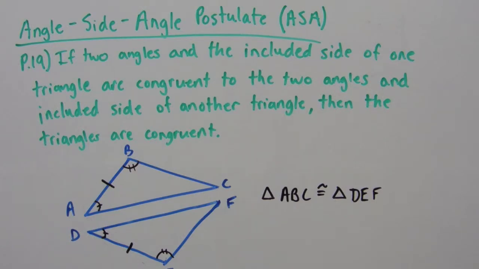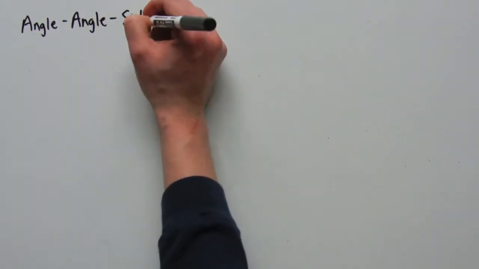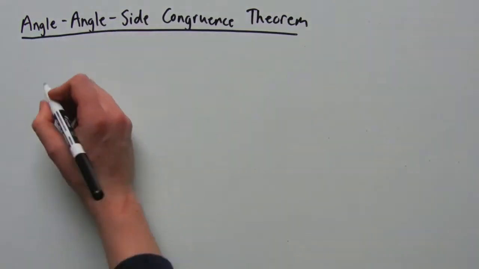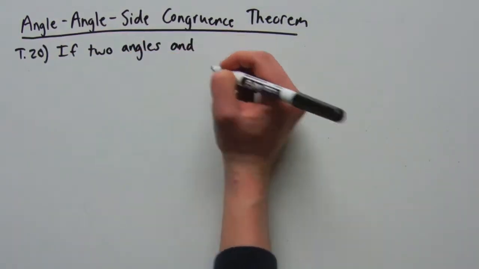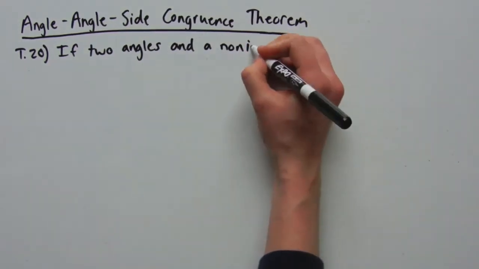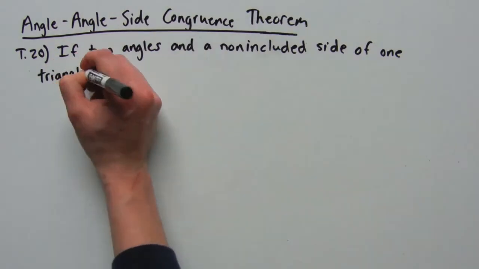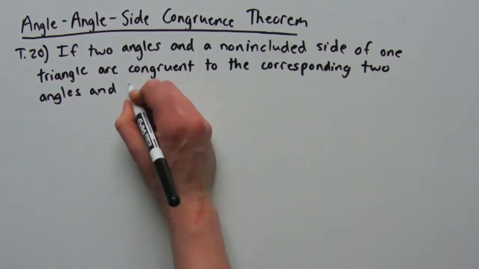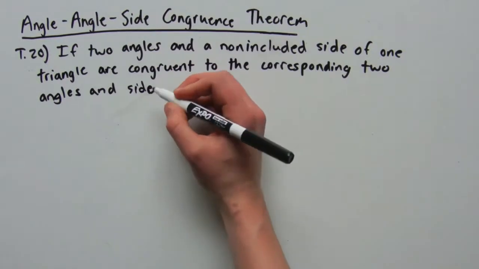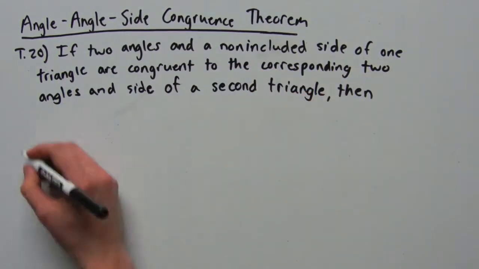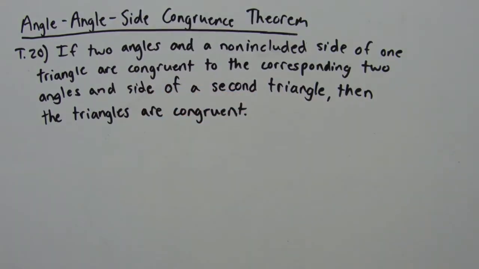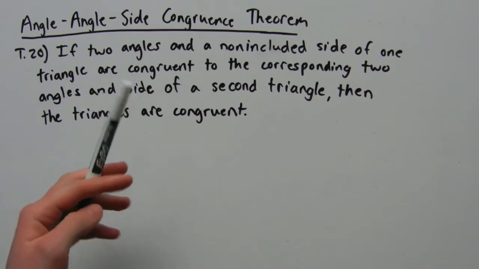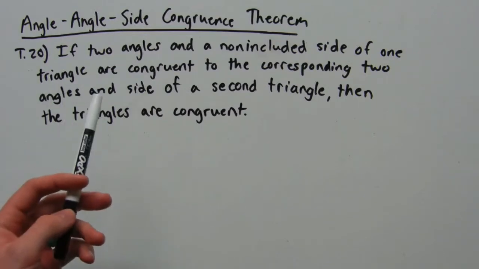Now let's go over the angle-angle-side congruence theorem. The angle-angle-side congruence theorem is a little bit different than the postulates we've been going over, because the postulates didn't need to be proven true, whereas this theorem does.